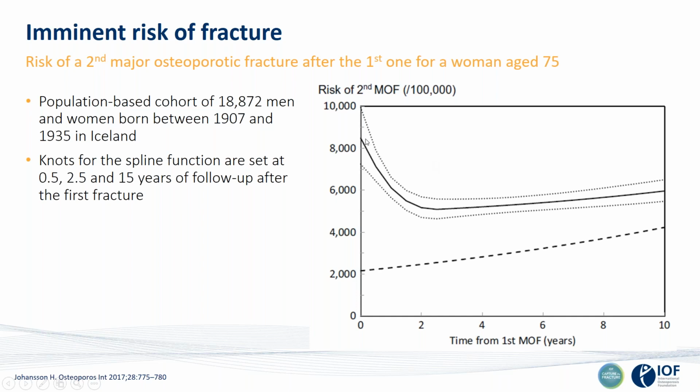And above that, you have a full line that represents the risk of a second major osteoporotic fracture for someone that already had one. And you see again that the difference between the two lines is really tremendous in these first 2 years.